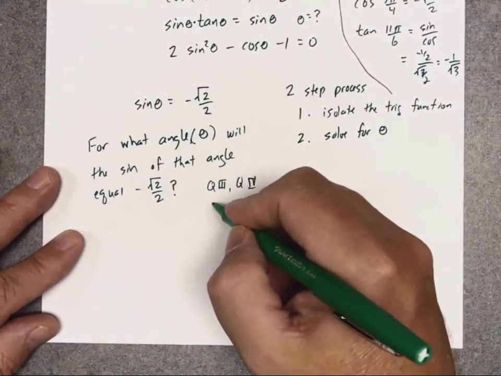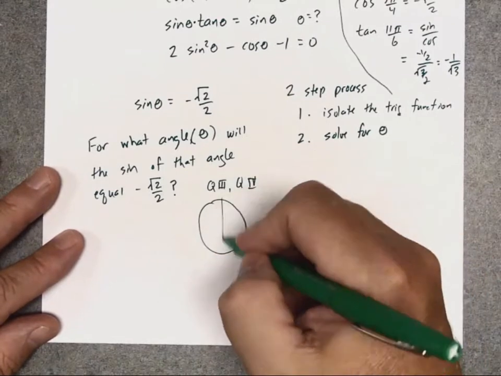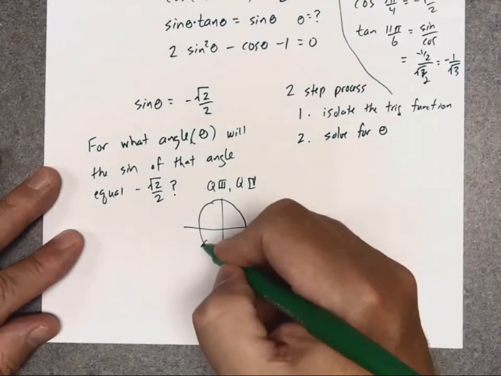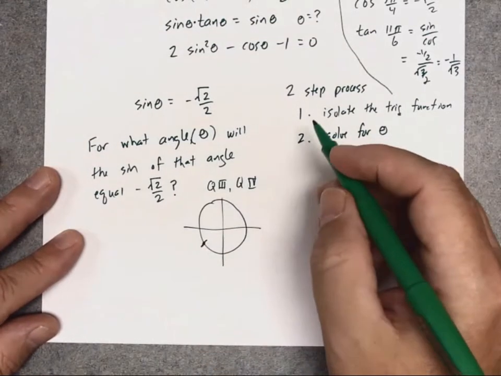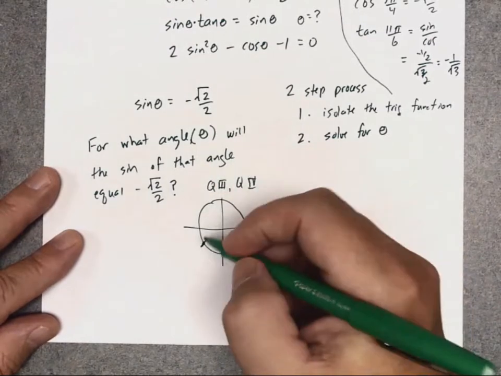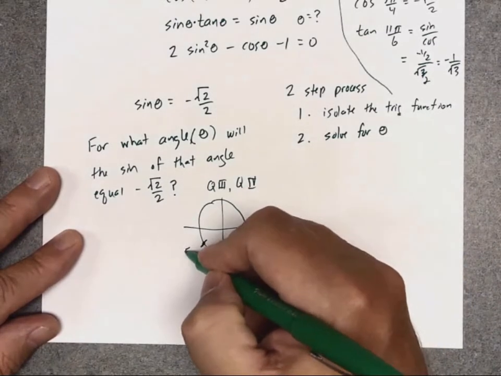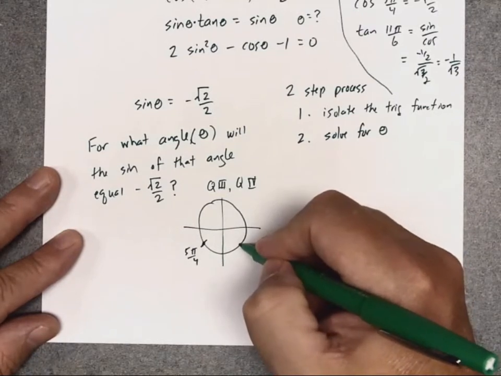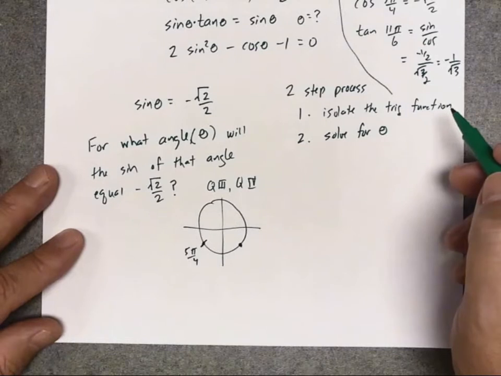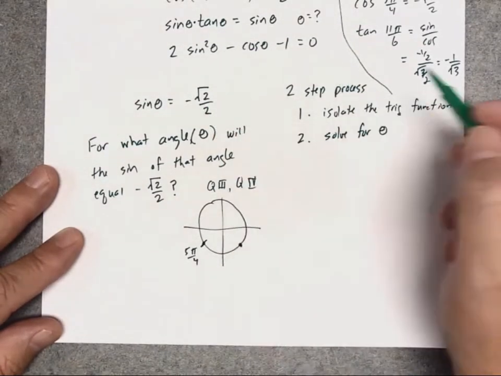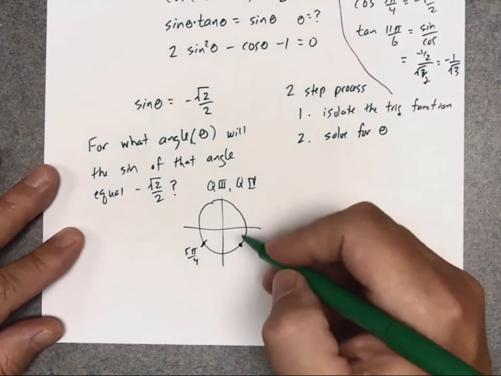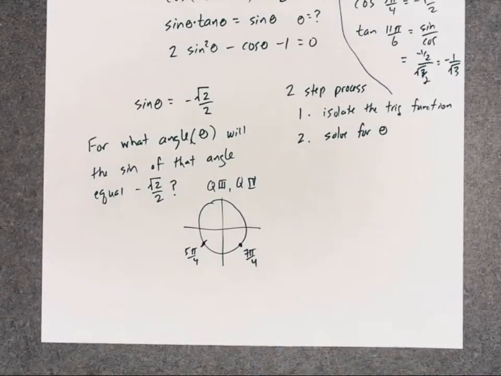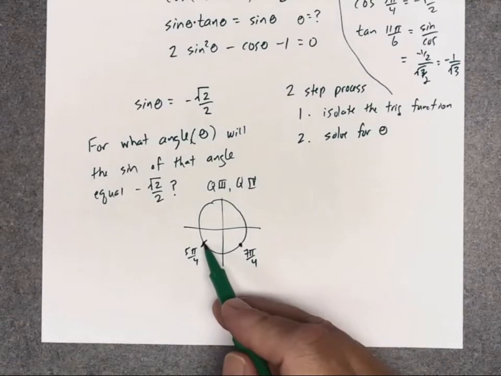And sometimes I even draw the unit circle. I know that this point right here, the sine of that point is going to be negative square root of 2 over 2, and that angle right there is 5 pi over 4. But there's another point on my unit circle that also gives me negative square root of 2 over 2, right here, 7 pi over 4.